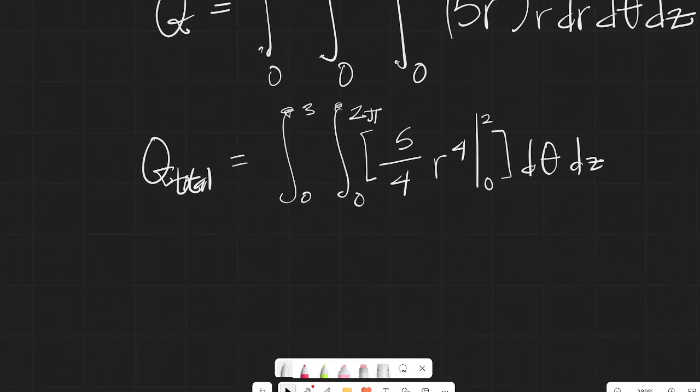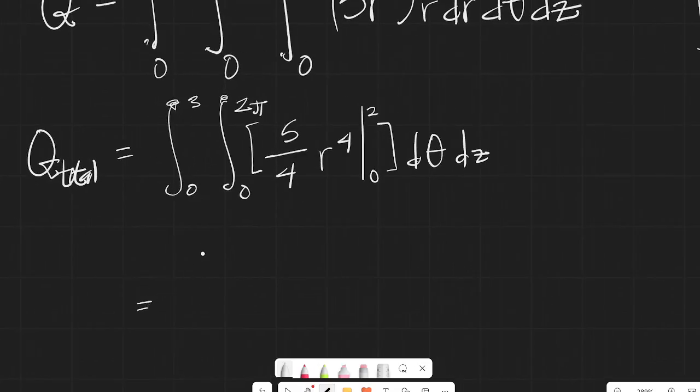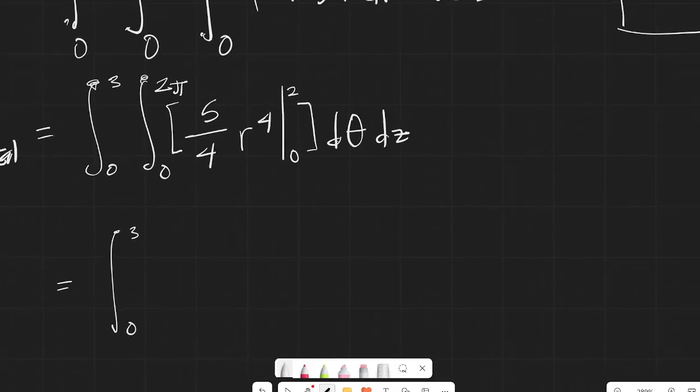Continuing on with the integration, let's evaluate the previous one first, because it gets confusing if you do not.